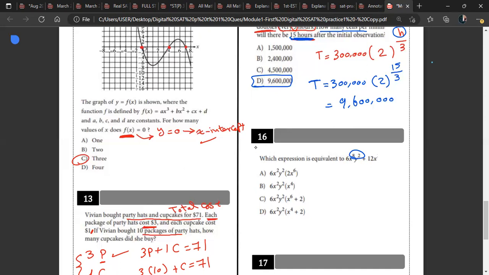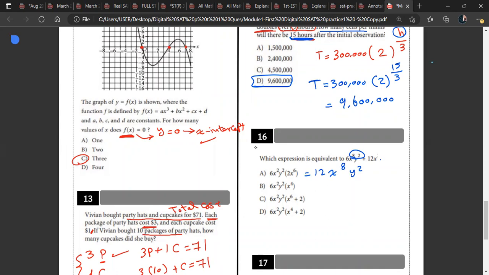But y squared will be the same, and 6 multiplied by 2 is 12. So here, x squared times x to the power 6 is x to the power 8, and here you have y squared. And this one is not equivalent. The second one is the same.